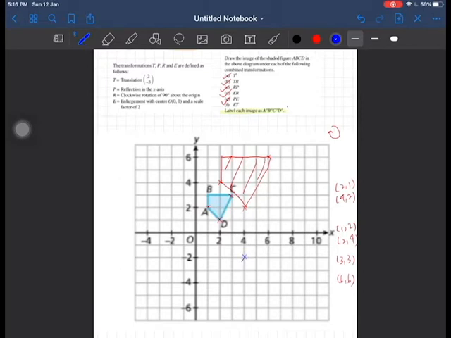How you can do it is you calculate the distance between a certain point and the line of your reflection, the x-axis. So continue with this. Right. So this would be my final image.